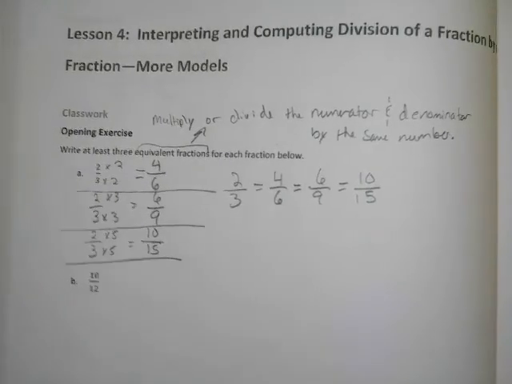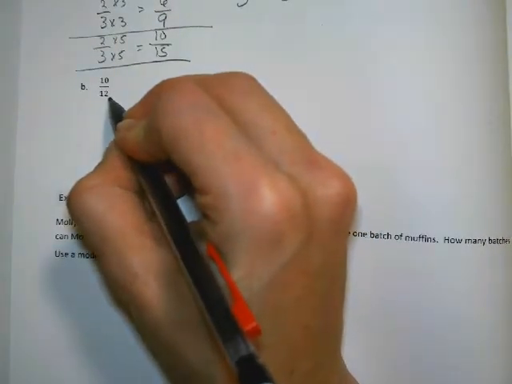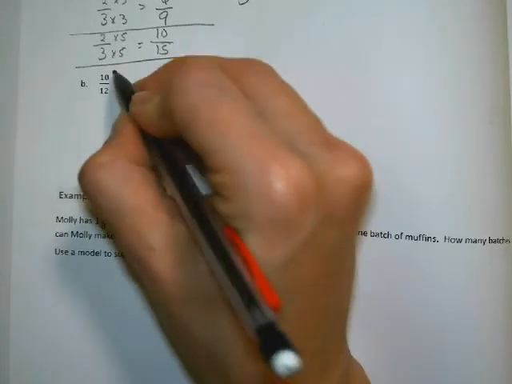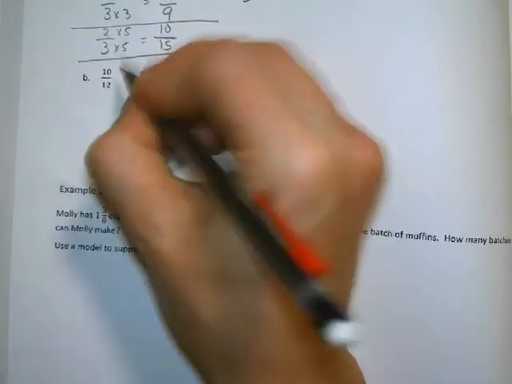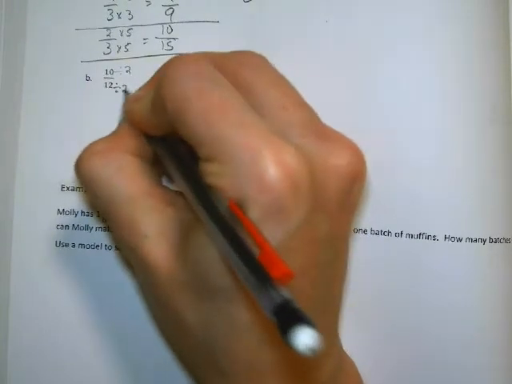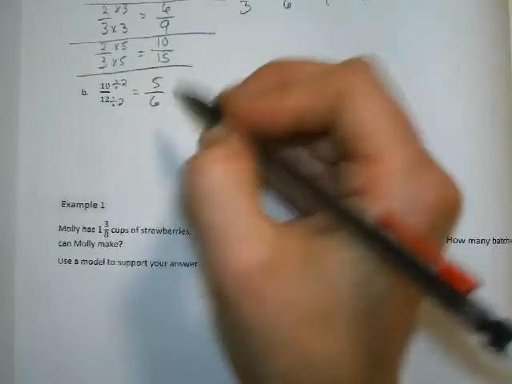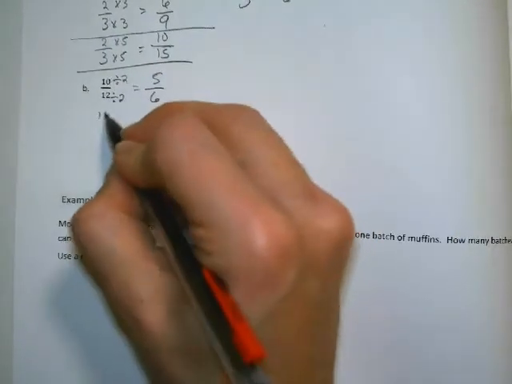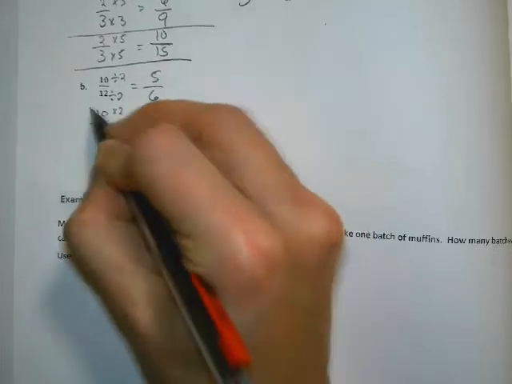Doing the same thing for B. 10 and 12 are both even, so that means I can divide them both by the same number. So I'm going to start with dividing both of them by 2. And that gives me 5/6. And then I'm going to take 10/12. I'm going to multiply them both by 2.